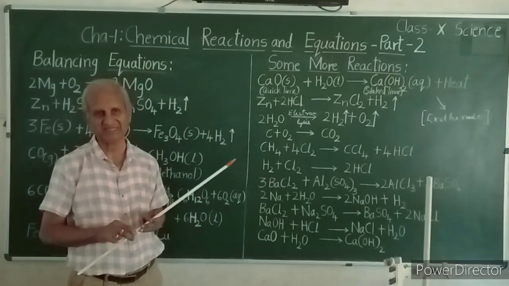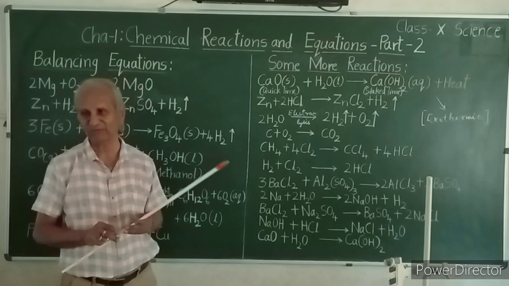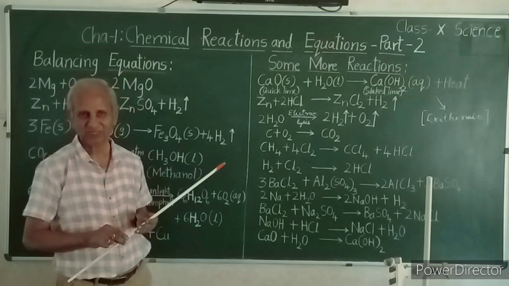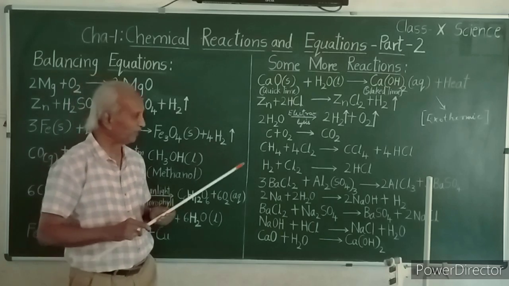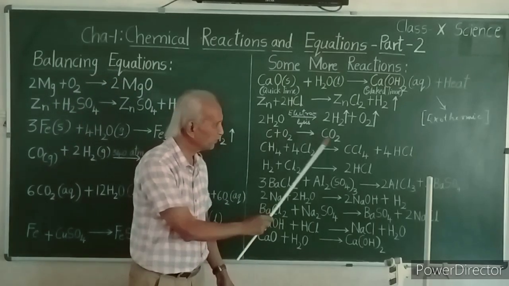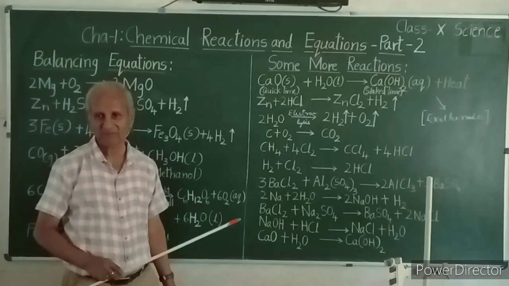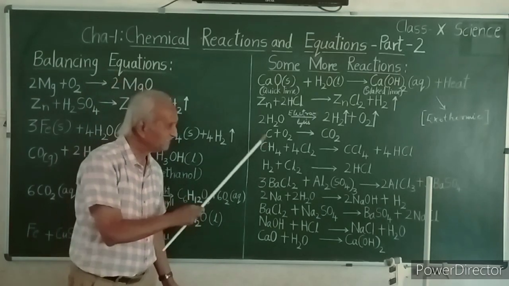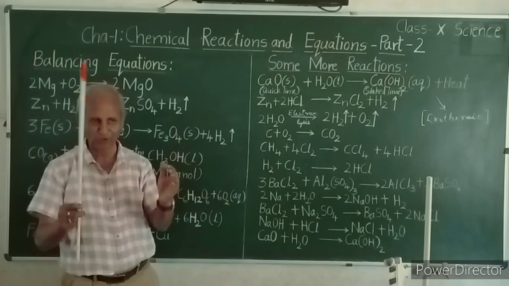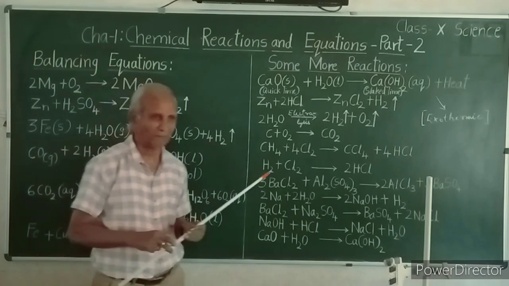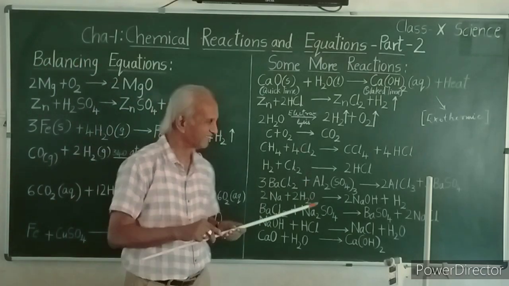You conserve trees. You be the guardians of the forest. So they are given the responsibility and told not to cut trees for fuel. So C plus O2 gives CO2. Such equations, let them not just remain equations for us. They carry a lot of stuff with them. That stuff we should be good at.